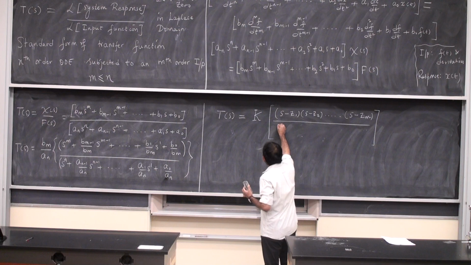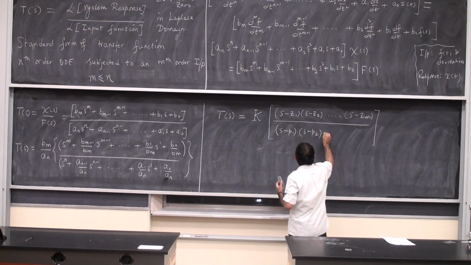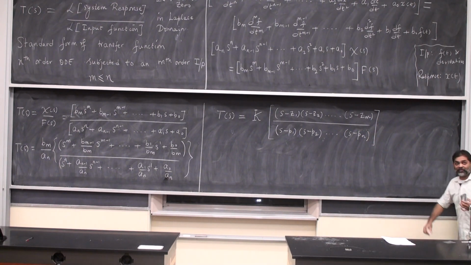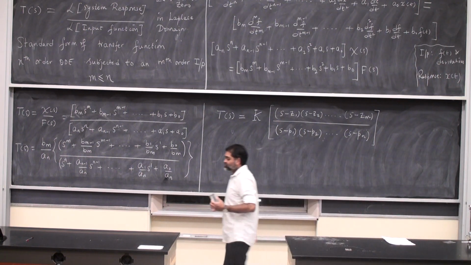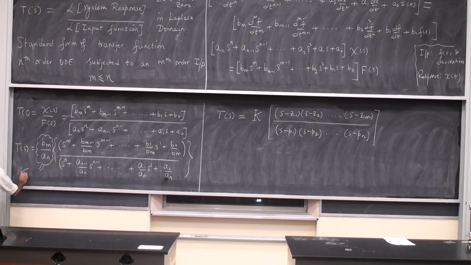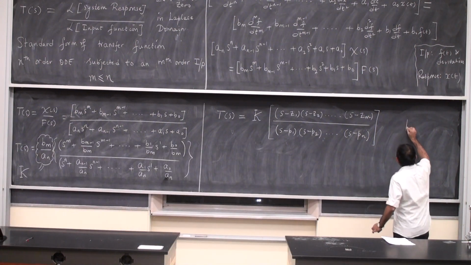So m roots in the numerator, n roots in the denominator. The factor k is essentially this creature here. And this is called the gain of the system. Okay? So k is called the system gain.